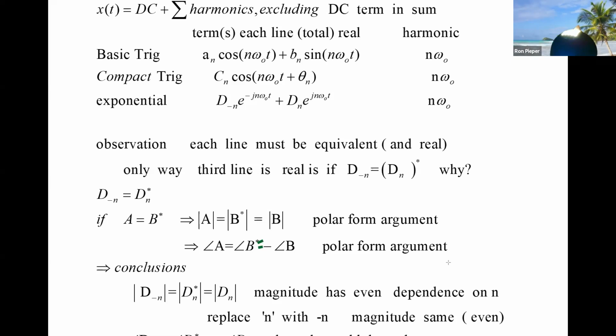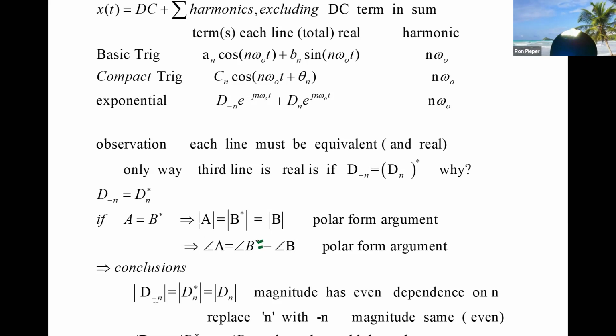So now, this is kind of general. So from that, we can conclude that the magnitudes of these two coefficients have to be the same because of this basic background that you all know from complex arithmetic.